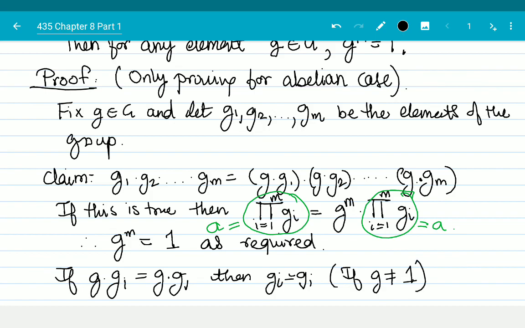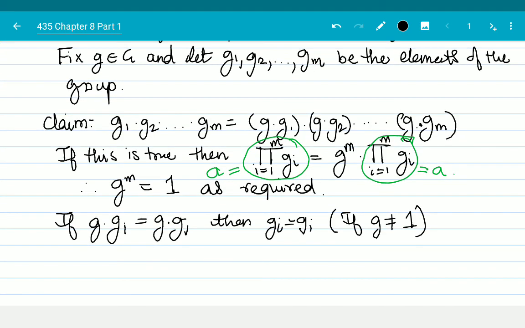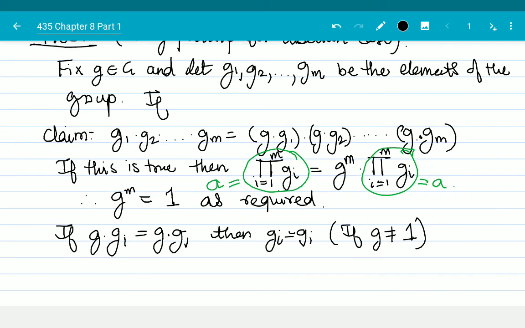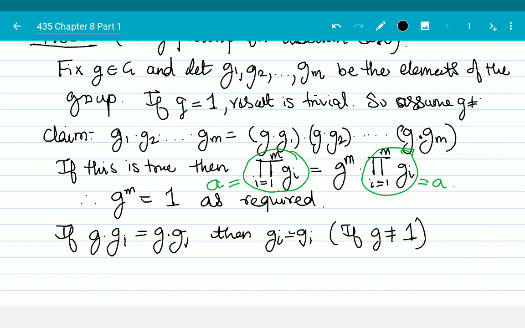Why am I assuming g not equal to 1? If g is equal to 1, then the result is trivial. So assume g not equal to 1.